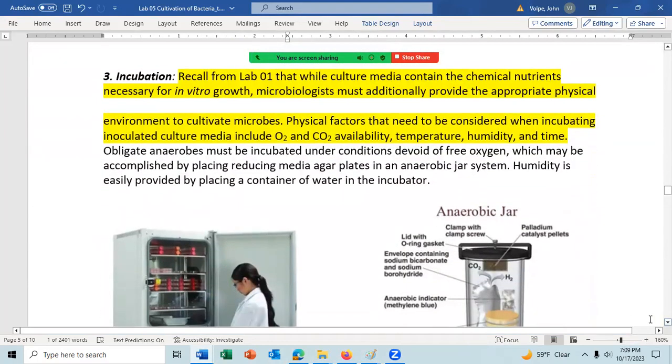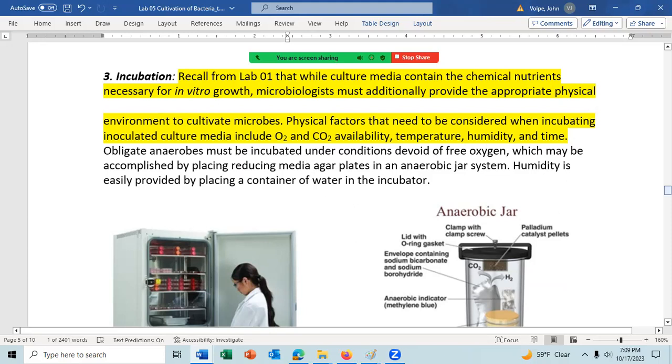Incubation is taking the culture and putting it in an environment to cultivate microbes. We usually do that in a device we call an incubator. In our lab, we have very simple incubators that only regulate the temperature and the humidity and the time.